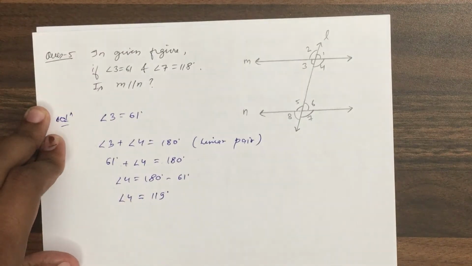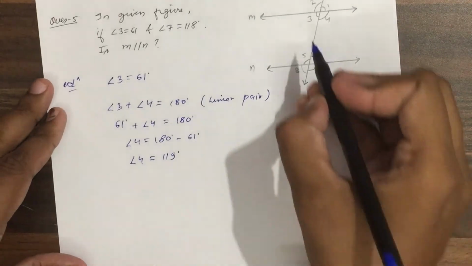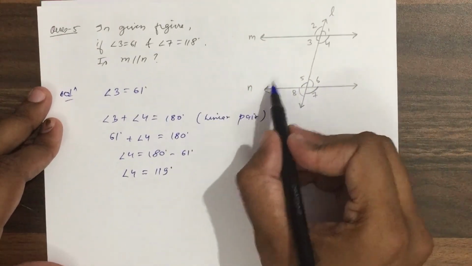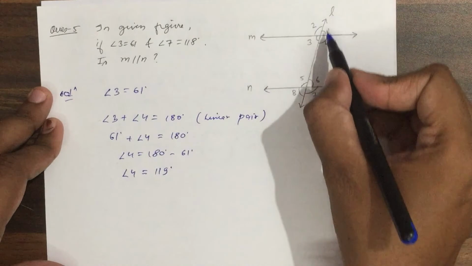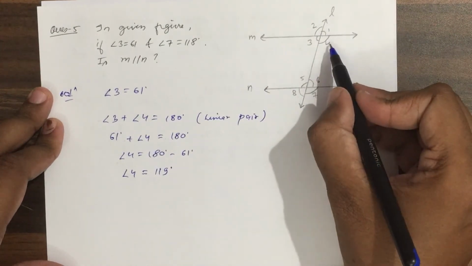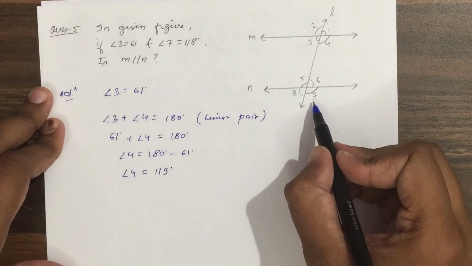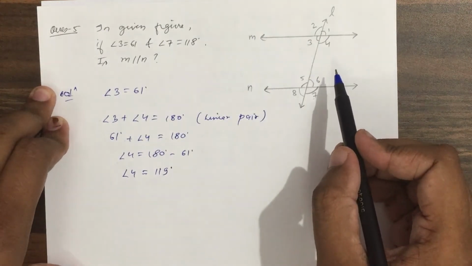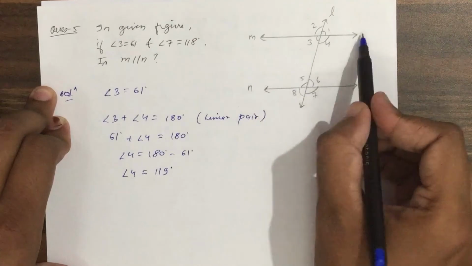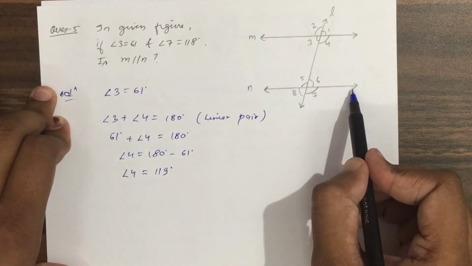Okay. Now you can see that M is parallel to N and L is transversal. Sorry, M is parallel to N is not given to you. You can see that these are the two lines. You don't know whether these are parallel or not.